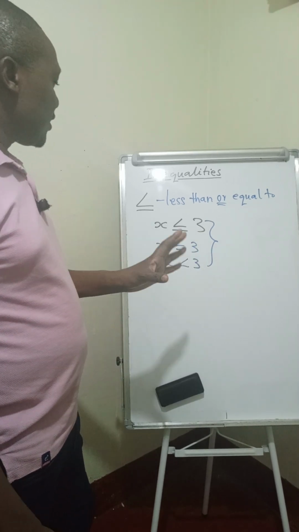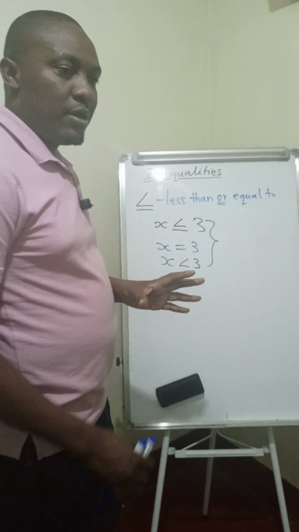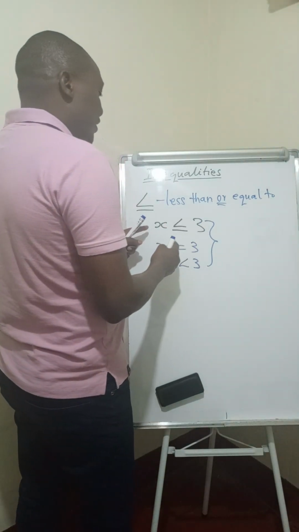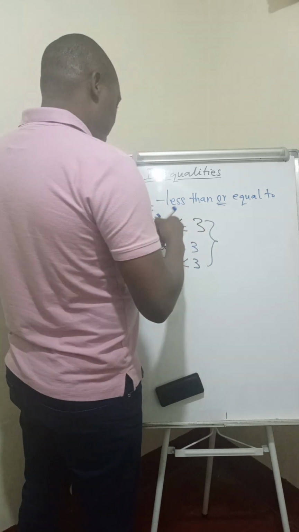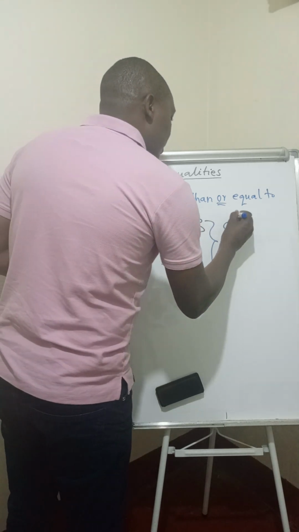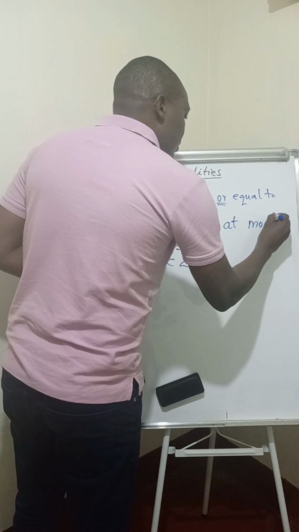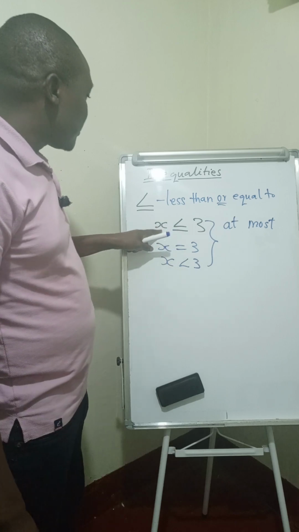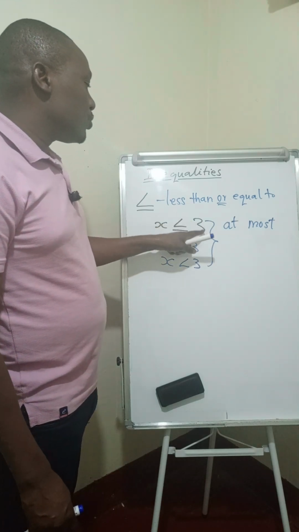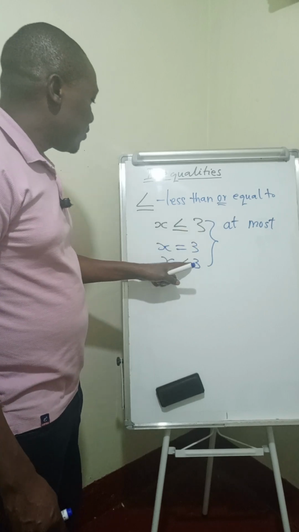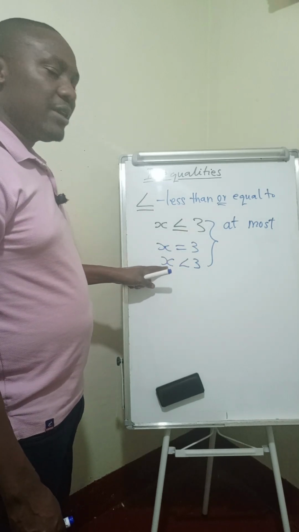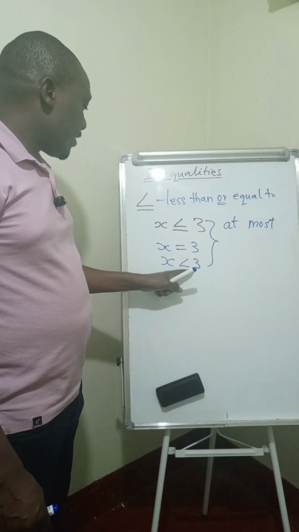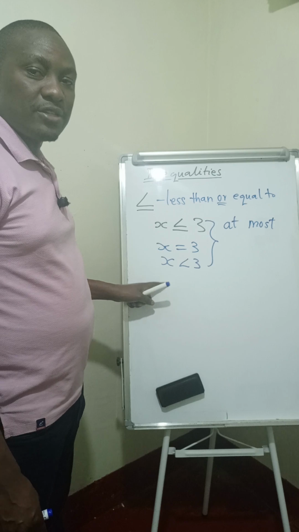is 3. So there are some terminologies that can be used. Examiners can say that the value of x is at most 3. Does it make sense? Yes. We have said that x is less than or equal to 3. And if x is less than 3, we can't go beyond 3, but the value of x can be 2, 1, 0, -1, like that.